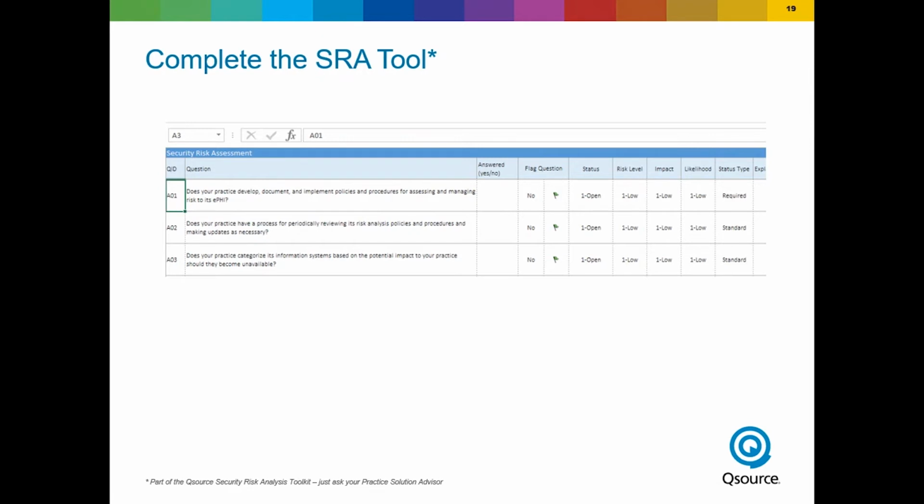So if it was June of 2020 and you were looking at your MIPS reporting year of 2021, you could do December of 2021, but you can't put it off 5 years. You just want to make sure that the next time you go through your risk assessment, it's addressed.